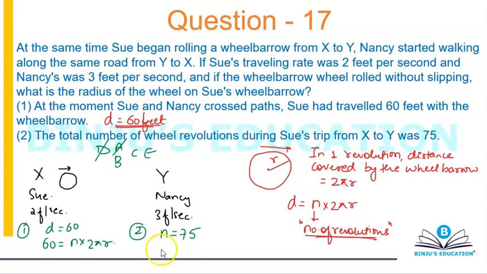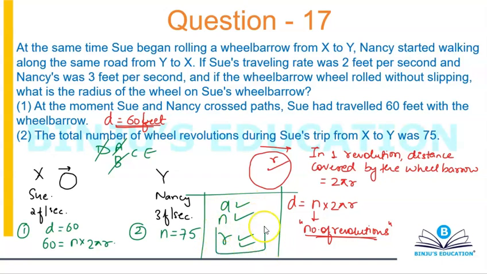So B is out, because by knowing n alone, without the value of d, I can't calculate r. Now, if I use both of them, that is 60 equals n into 2 pi r and n equals 75, I have the value of d and the value of n, which means I can definitely calculate the value of r.